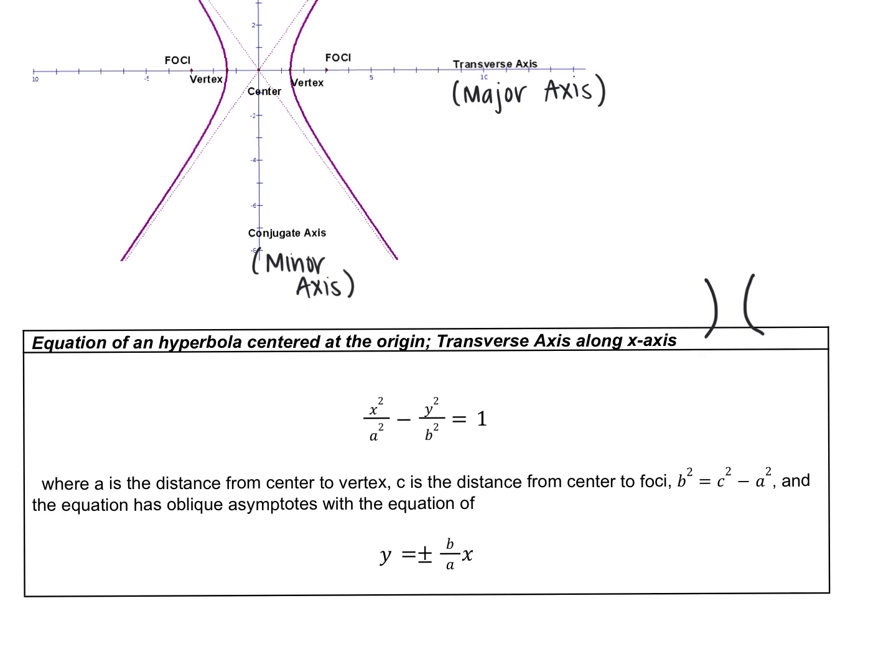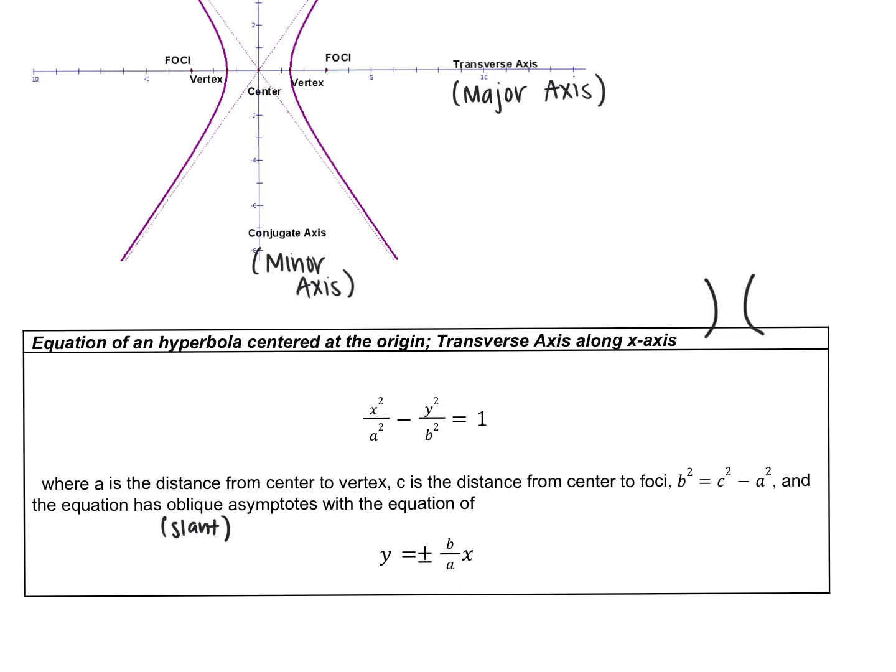A is the distance from your center to your vertex. C is the distance from your center to your foci. B squared is now c squared minus a squared, and you have oblique or slant asymptotes with the equation y equals plus or minus b over a x. So b isn't actually graphed like it is in an ellipse.